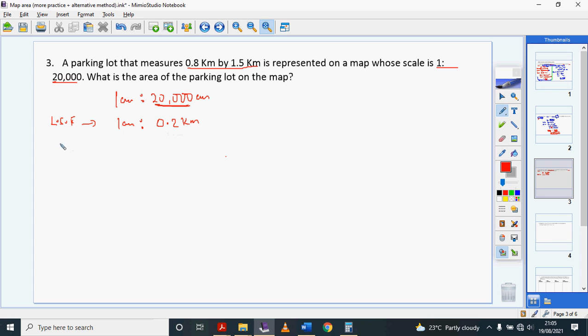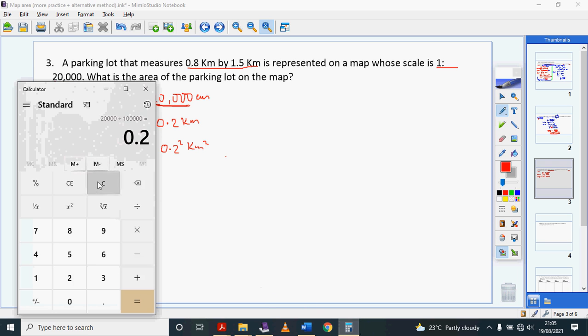However, I want that to be an area scale. And remember, to get the area scale factor, you square the linear scale factor. So I'll square everything here. 0.2 squared, kilometers squared. I need to square everything. Do not forget to square the numbers, because that's an easy mistake to make. So again, I hope you remember that 1 squared is 1.